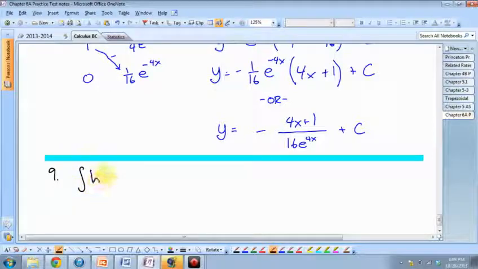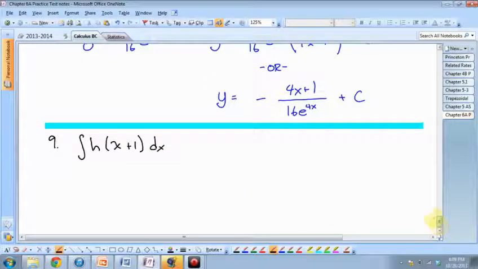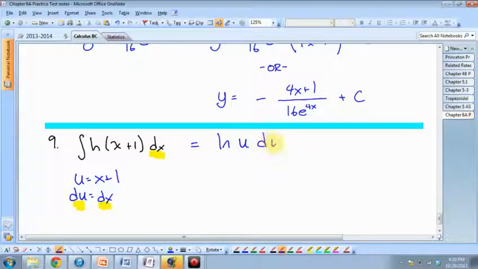Antiderivative of natural log of x plus 1 dx. Okay. A U-substitution doesn't work. Let me just show you why that doesn't work. If you say u equals x plus 1, du equals dx, looking pretty good. So that's equal to the antiderivative of natural log of u du.